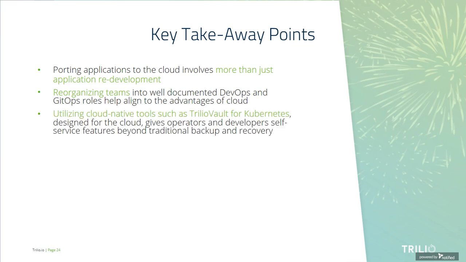But utilizing cloud-native tools such as Trilio for Kubernetes, of course, they're designed for the cloud. They're designed to fit with how you should work with the cloud. We're not dictating that you stop what you're doing and have to change gears to perform a backup and recovery. You should just be able to tell Kubernetes, just go and protect this for me, and we'll protect it.